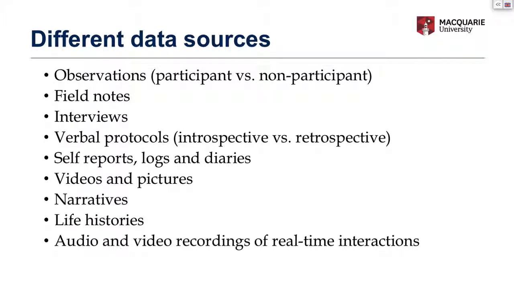He or she can take notes, which is usually referred to as field notes, and he or she can conduct interviews with the cases, which might include teachers, students, administrators, and other people involved in the research phenomenon.